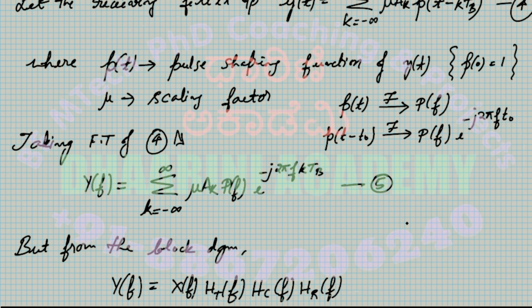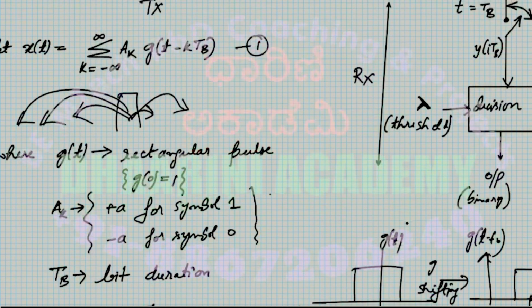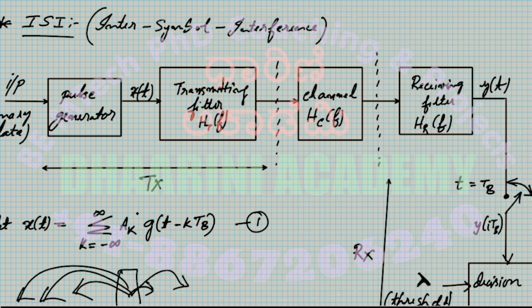We'll substitute, we'll come back to this later. So we'll go back to the block diagram and try to understand. If I have x of t in the time domain, x of t's Fourier will be capital X of f, so that in the frequency domain you need to multiply. In order to get the Fourier representation of my output, y of t, denoted as Y of f, that is the multiplication of all the filters: H_T of f, H_C of f, H_R of f into X of f, correct?